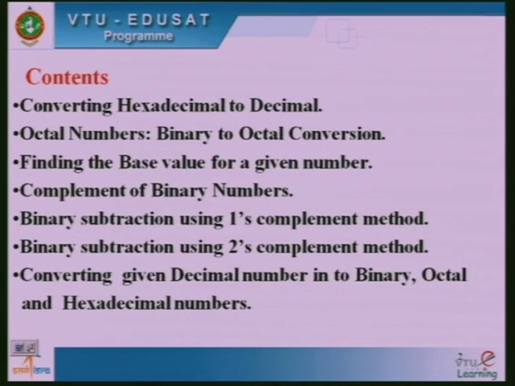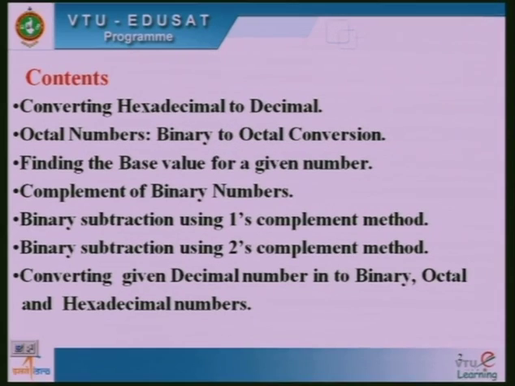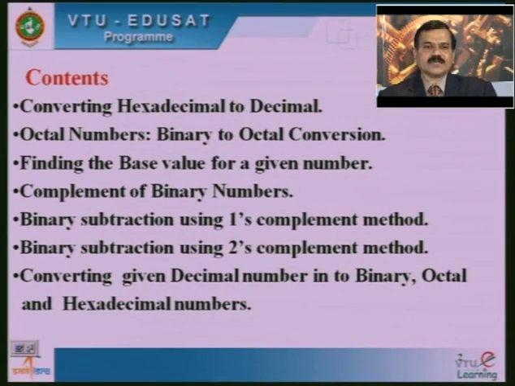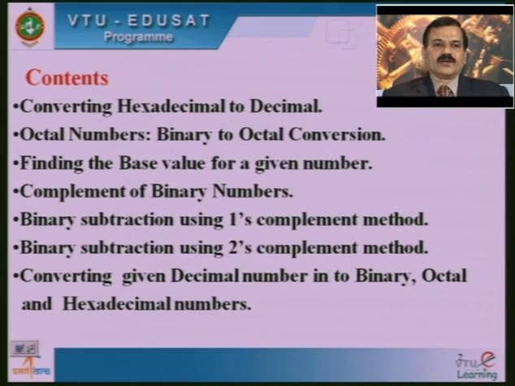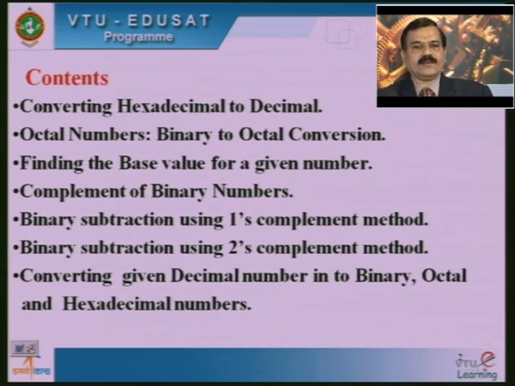Today's session is about digital electronics. In this, we are going to cover the converting hexadecimal to decimal topic, and under octal numbers, in specific, we are going to cover binary to octal conversion, finding the base value for a given number, and then we are going to cover complement of binary numbers.